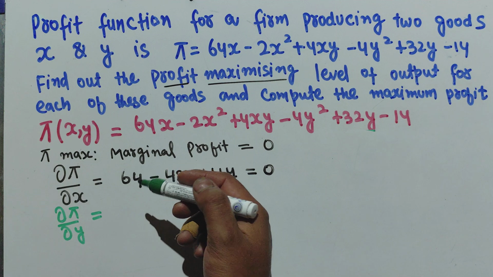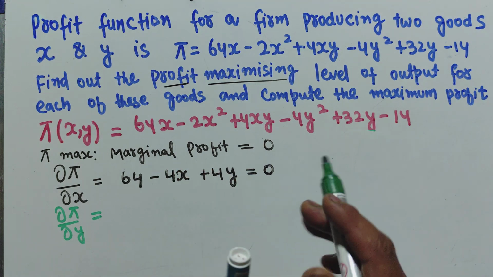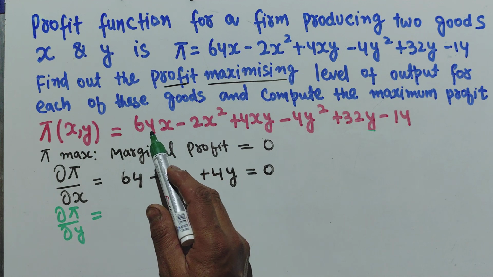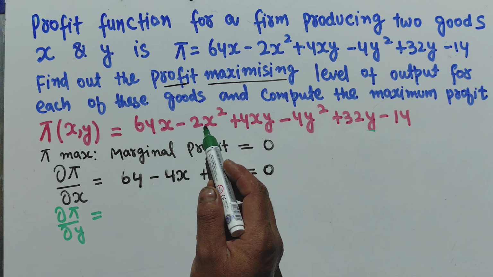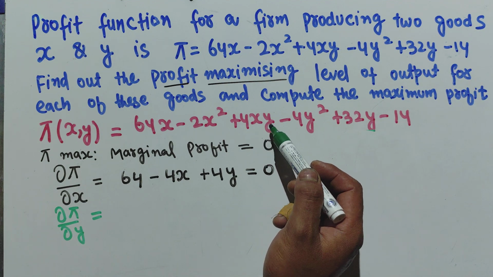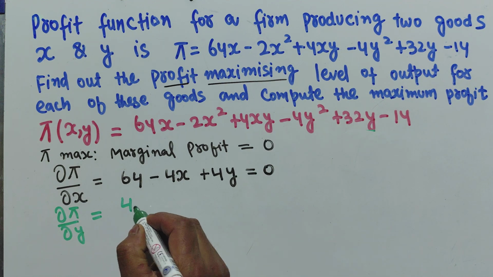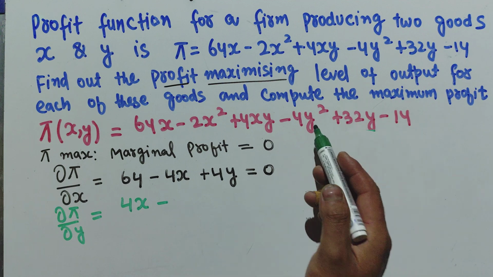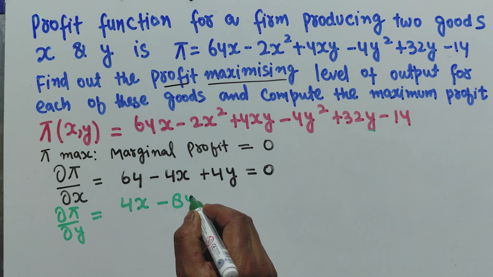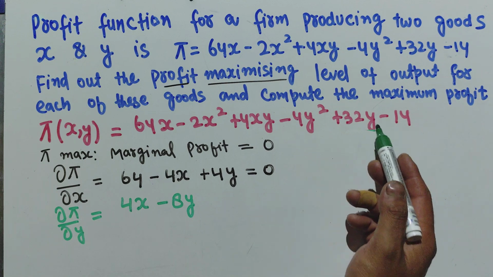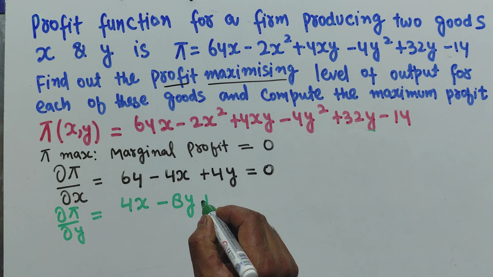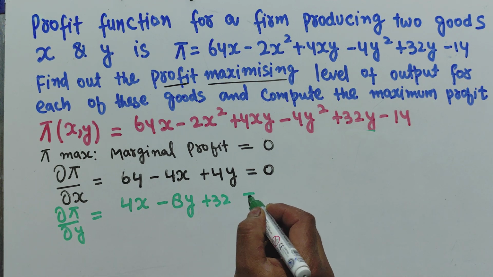In the first term no y is involved, in the second term no y is involved, in the third term the derivative of y is 1, so we are left with 4x, minus the derivative of y² which is 2y, so 2 into 4 is 8y, and the derivative of 32y is 32, and we set it equal to 0.